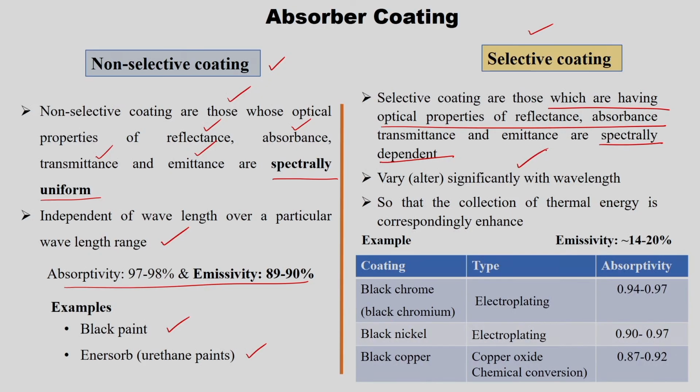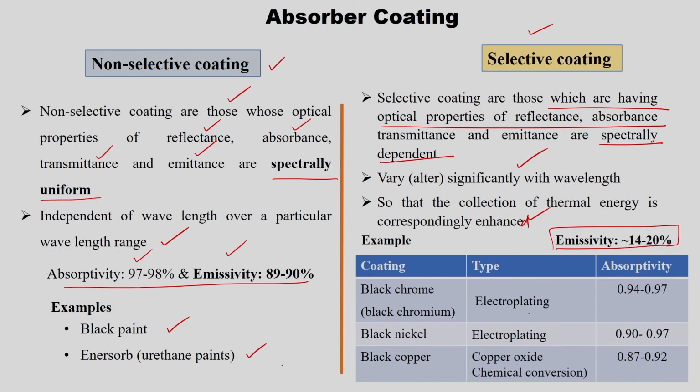So, it varies significantly with wavelength, so that the collection of thermal energy is correspondingly enhanced. So, the absorptivity and emissivity in the non-selective case are both almost the same, but here the emissivity is decreased to around 14 to 20%. The emissivity is taken around 14 to 20%.